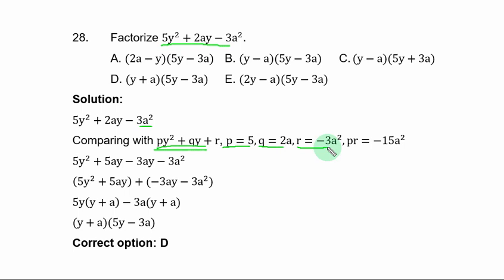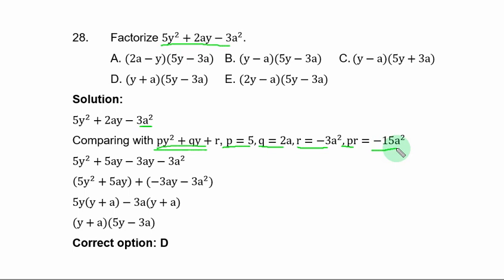A is not equal to 1. Sorry, p is not equal to 1. You need to get AC, which is now p r, and that is minus 15a squared.